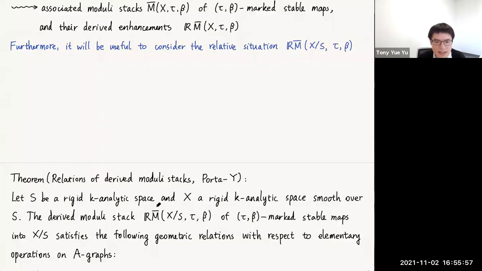Let S be a rigid K-analytic space and X a rigid K-analytic space smooth over S. I just state the theorem in the relative setting, but you can just think of it as absolute. Relative is just much more general and also convenient for later purposes. Then the derived moduli stack of (tau, beta)-marked stable maps into X over S satisfies the following geometric relations with respect to elementary operations on A-graphs.